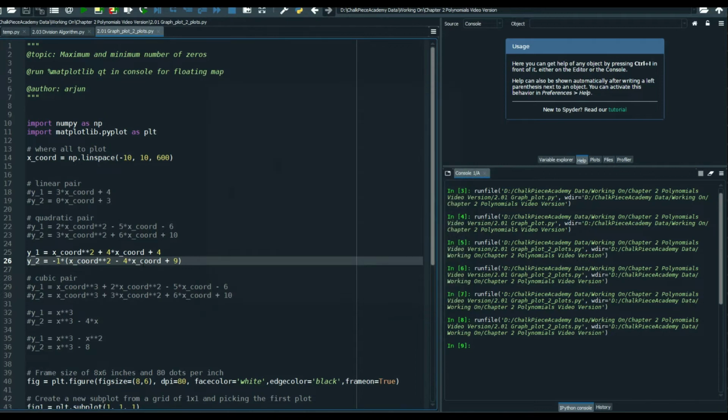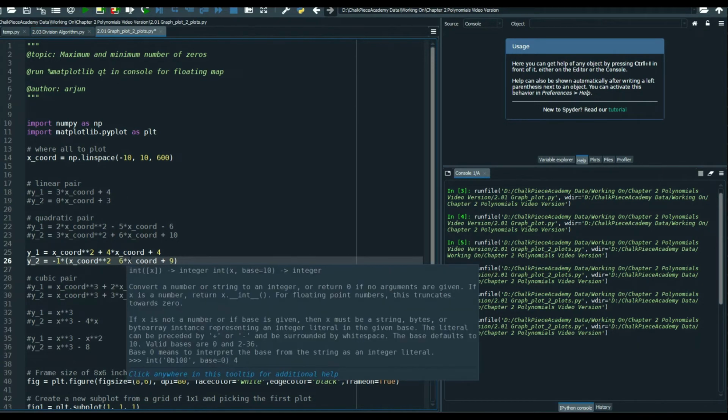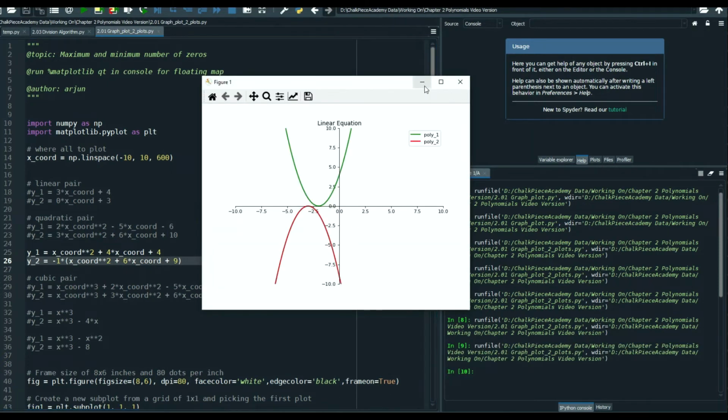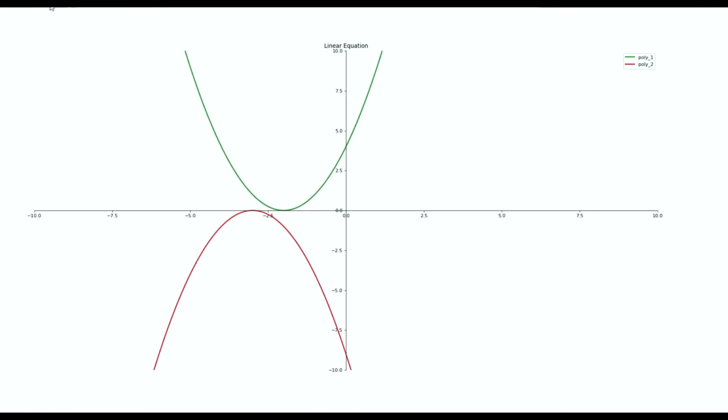Oh, this was 6 itself. That's correct. Now it will be proper.